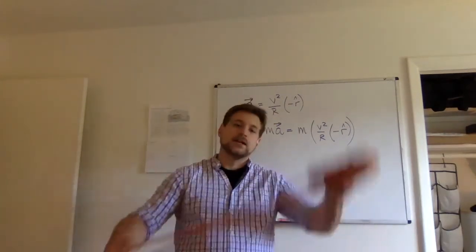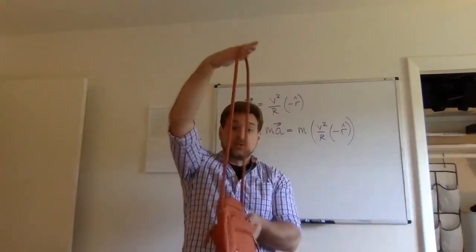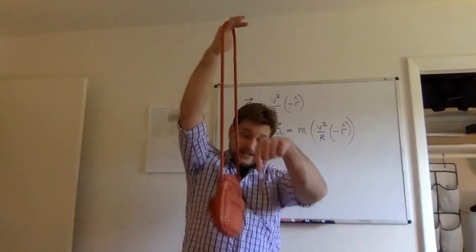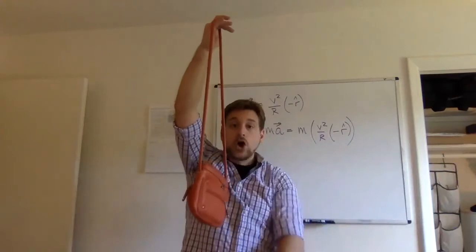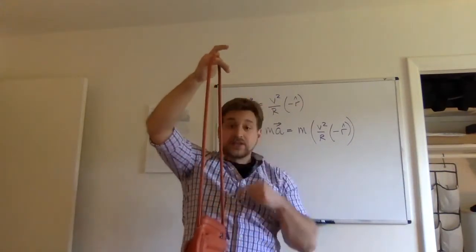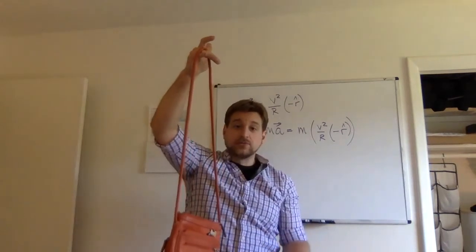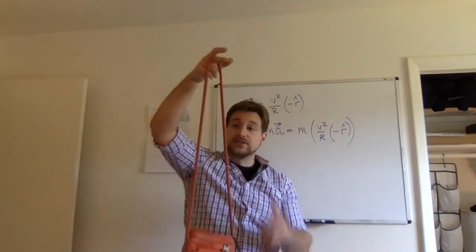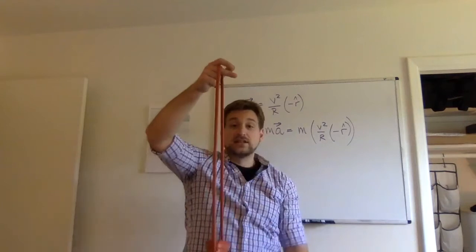On the other hand, when the purse is in this orientation, gravity is acting in the entirely wrong direction. It's this way that the centripetal job needs to be performed, and the only force available to do it is the tension in the handle.